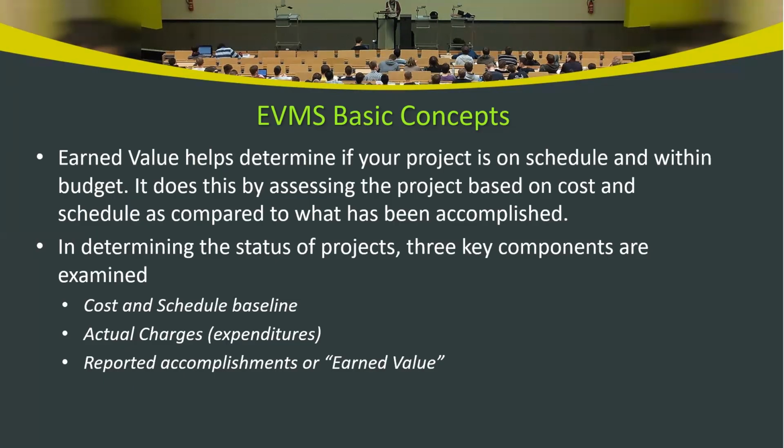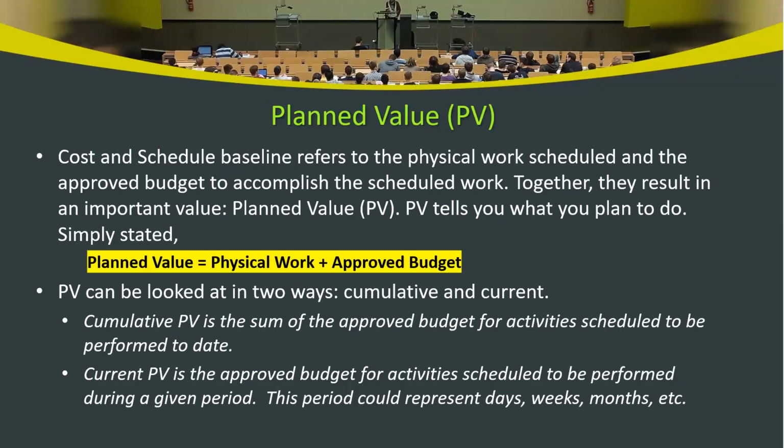Planned value refers to the work scheduled, actually the physical work that is scheduled. And so the cost baseline or the schedule baseline, they both refer to the actual physical work scheduled and the approved budget.